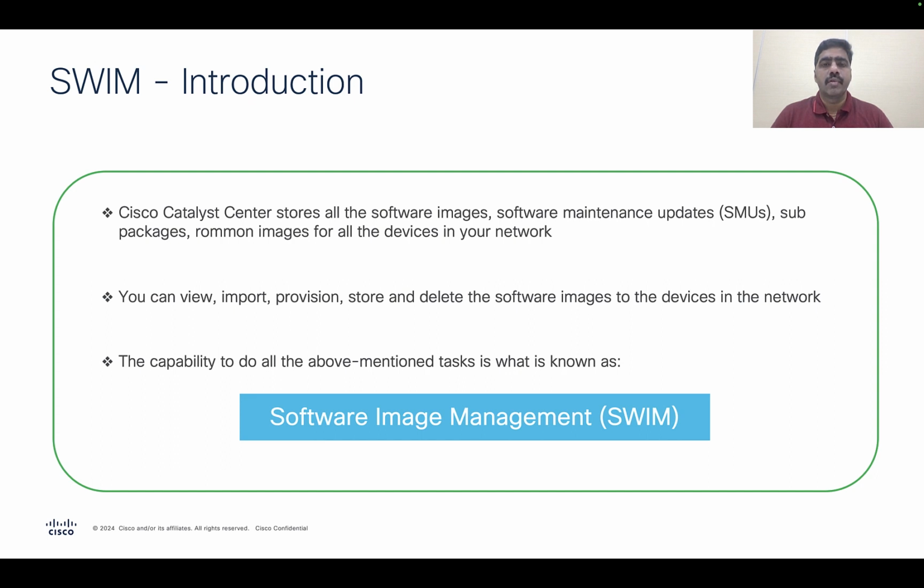Through this series of videos, we've been learning about the various features of the Cisco Catalyst Center and how we could leverage them in our industrial deployments. In this video, we will discuss one of the widely used features of the Cisco Catalyst Center called SWIM. It's a well-known fact that managing the software upgrade process in a large network environment is a tedious task.